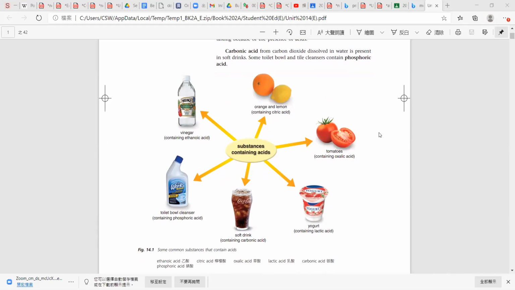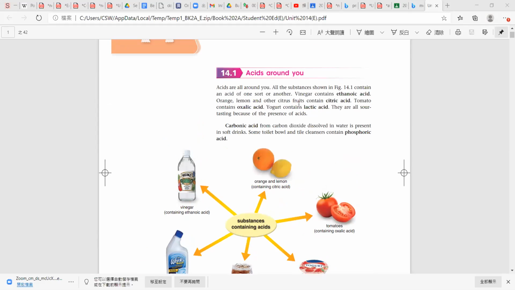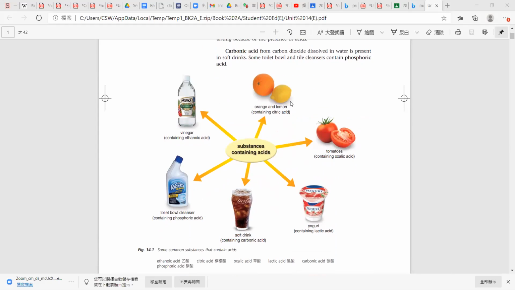It is also commonly found naturally in so many natural materials, and you may find that acids are around you. Let me quote some examples. For example, vinegar contains ethanoic acid, and citric acid is found in lemon, orange and grapefruit.